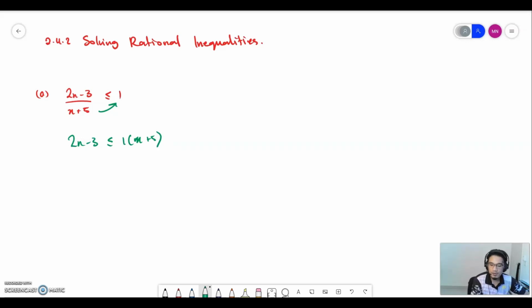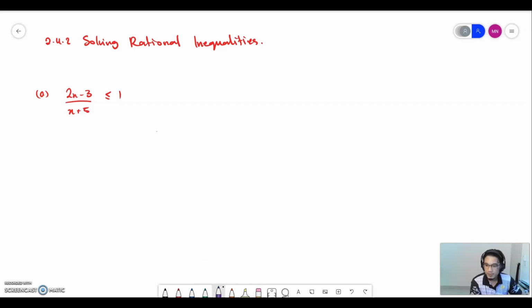From our previous topic on rational functions, the denominator indicates where the line of asymptote lies. So you should never multiply x + 1 with the 1 on the other side.